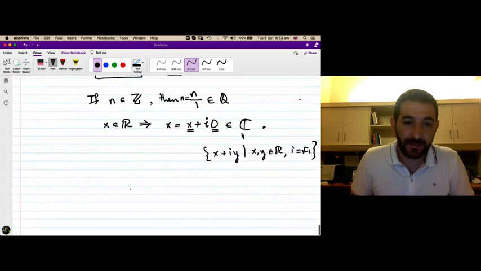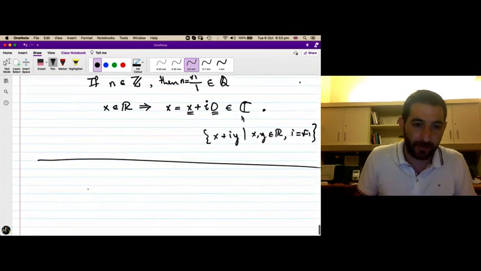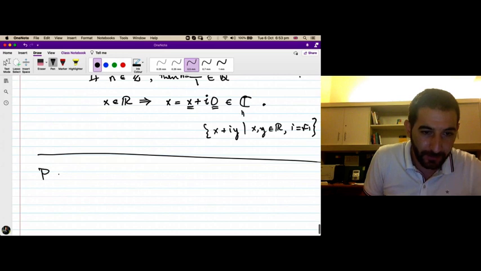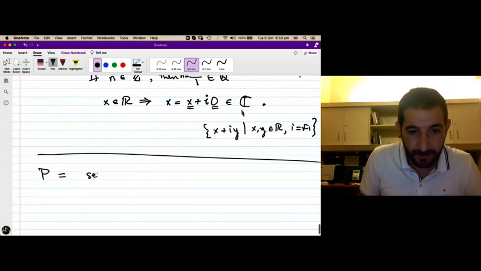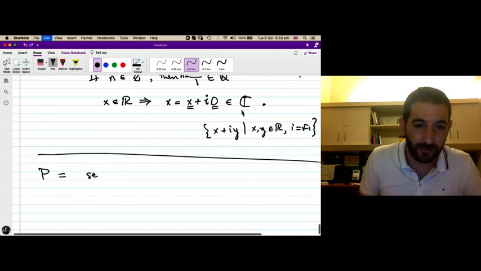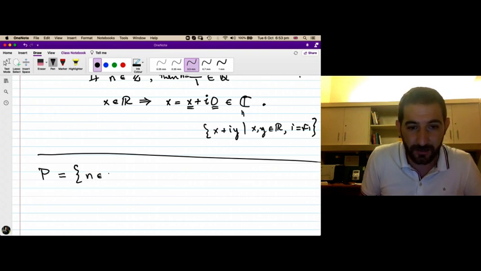Okay, let's have another example. Let P be the set of prime numbers. How do we write this using our set notation? We say this is the set of all positive integers n such that n is prime.